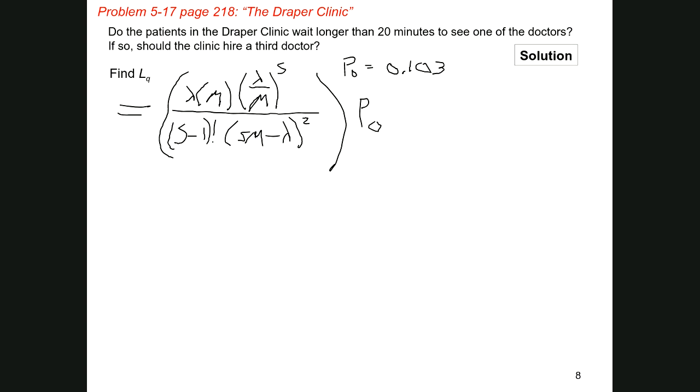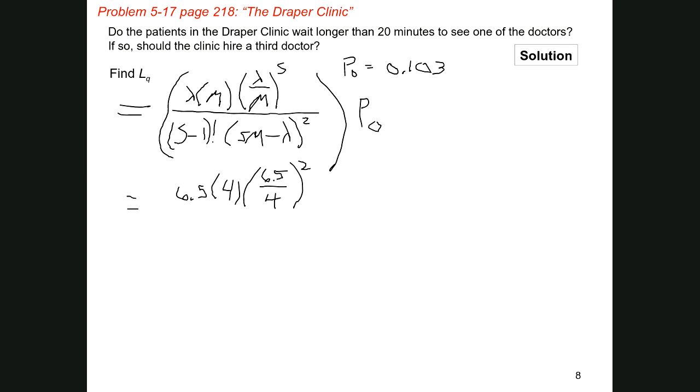All right, so let's substitute in. Remember, our arrival rate lambda is 6.5, our service rate mu is 4. Lambda over mu is 6.5 divided by 4. S, remember, is 2, so that quantity is squared.